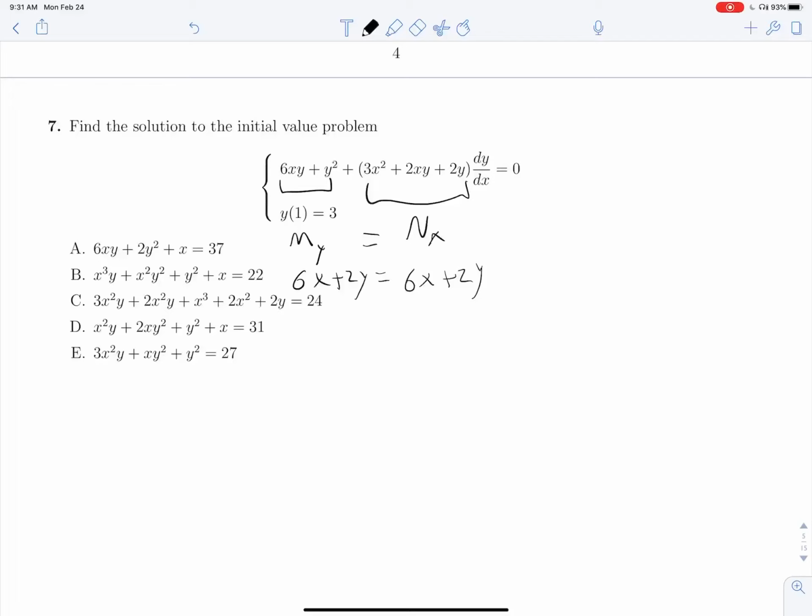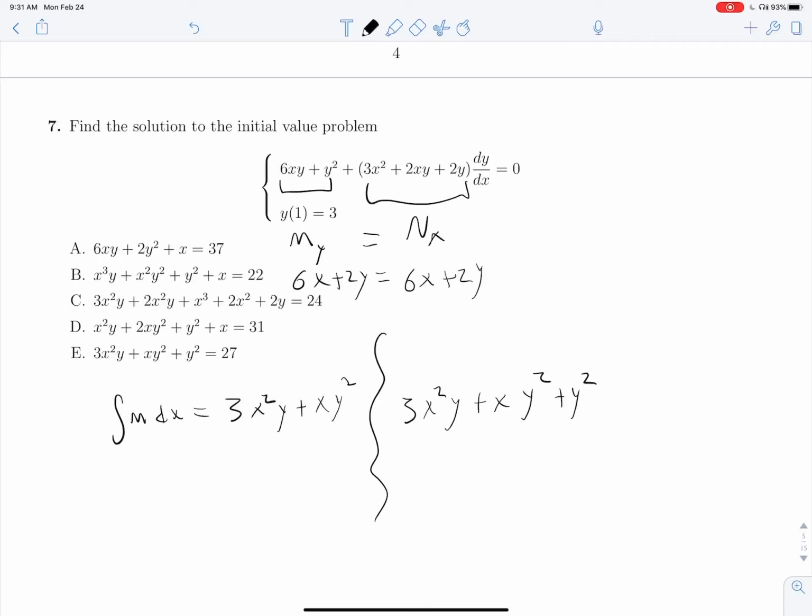All we have to do is integrate m dx. So the integral of m dx will give us 3x squared y plus x y squared. And then on the other side, the integral of n dy will give us 3x squared y plus x y squared plus y squared.